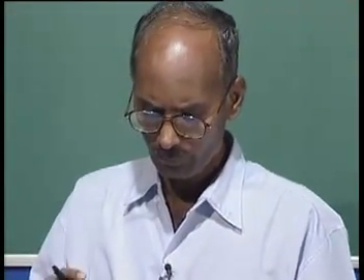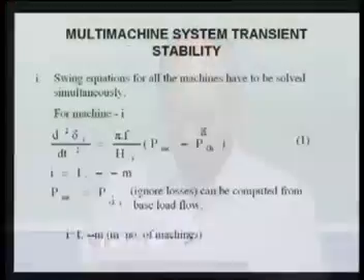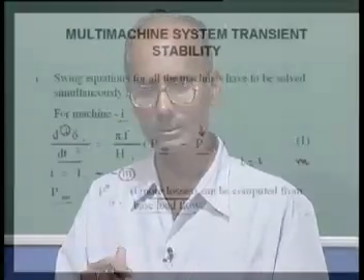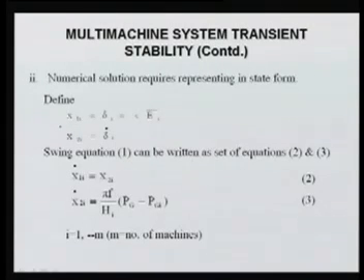Now we have seen that the swing equation is of order 2, and we have also seen the various methods to solve this differential equation. We have to have first order differential equations, so we can convert this differential equation into two differential equations of the first order.